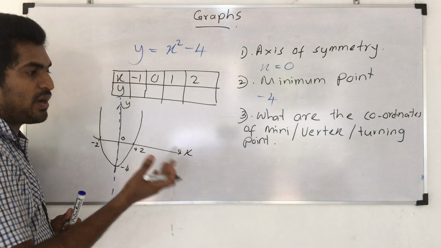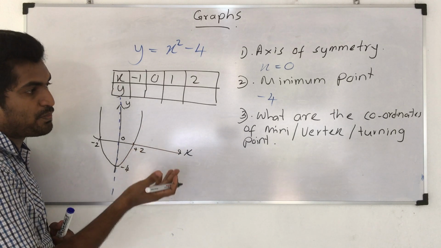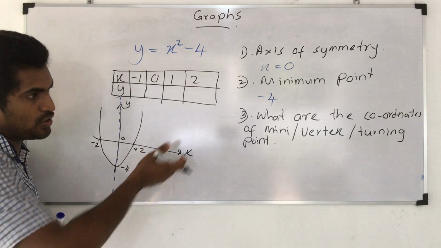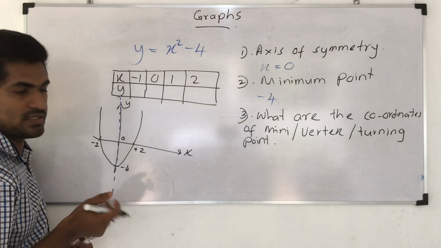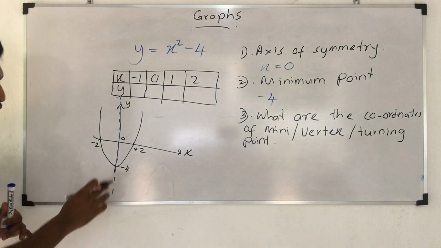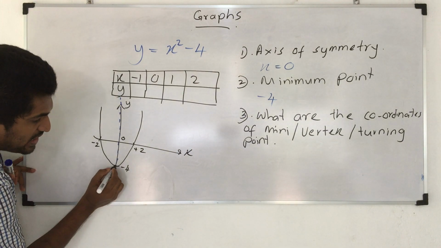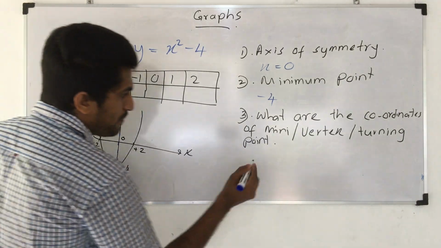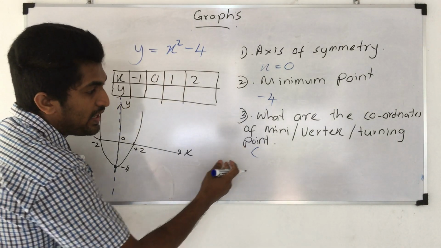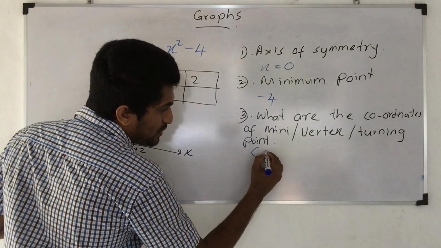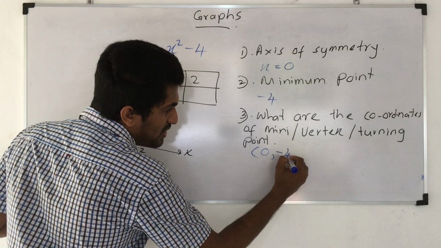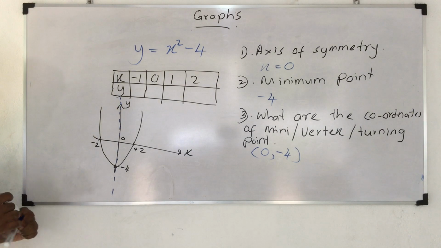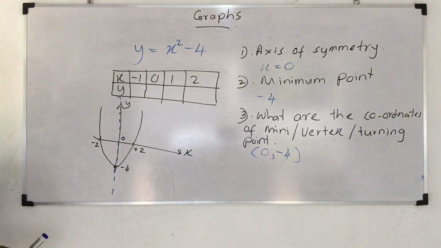Sometimes they will ask what are the coordinates of the minimum point or vertex or turning point. All three are similar words. So can you please tell me the coordinates of this point? Its x coordinate is 0. When I am writing a coordinate, I have to write it inside a bracket. The x coordinate is 0, the y coordinate is -4. That's the coordinate of the minimum point of the graph.